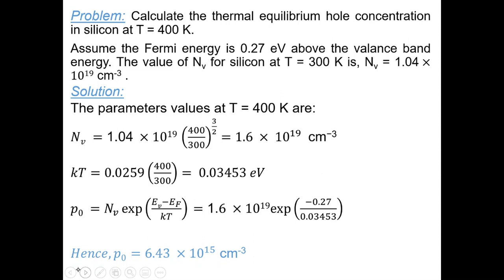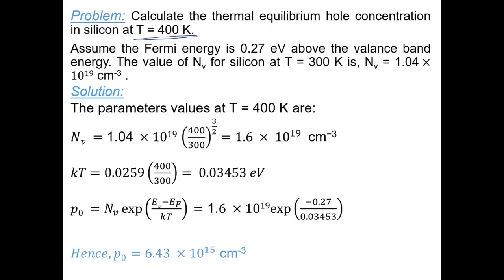Now let's look into the next problem. Calculate the thermal equilibrium hole concentration in silicon at T equals 400 Kelvin. Note that now we are dealing with a temperature higher than room temperature, and you may notice that the numbers would vary.